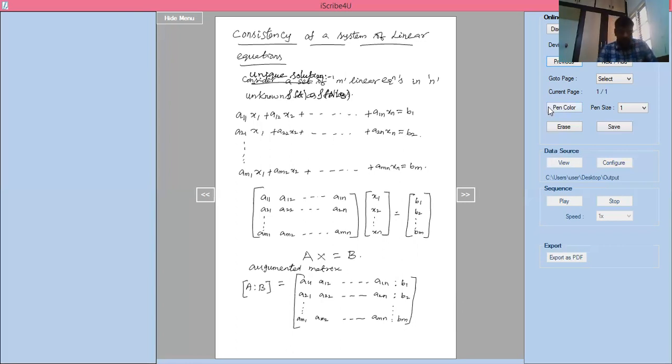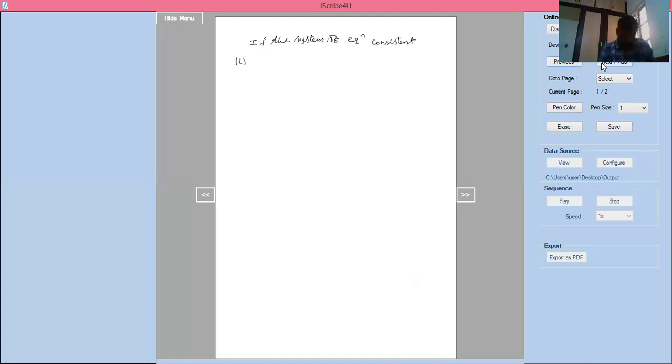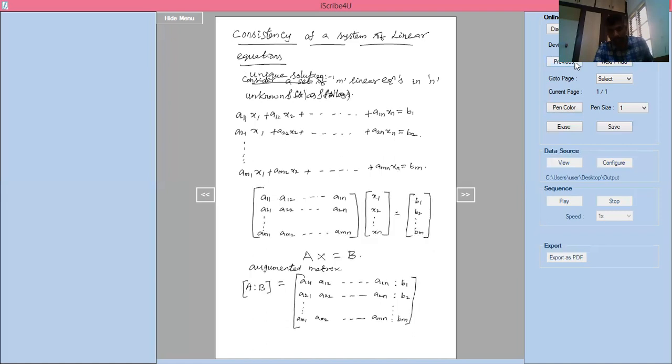If rank of A is equal to rank of A is to B, the first case is the unique solution.